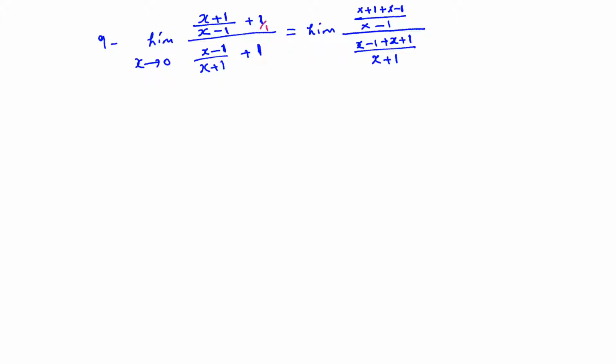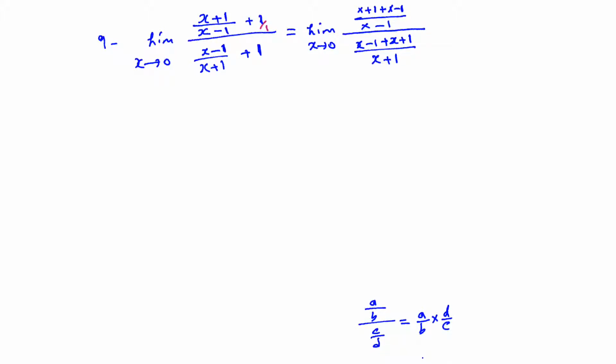x approaches 0. We know a over b divided by c over d is a over b times d over c.